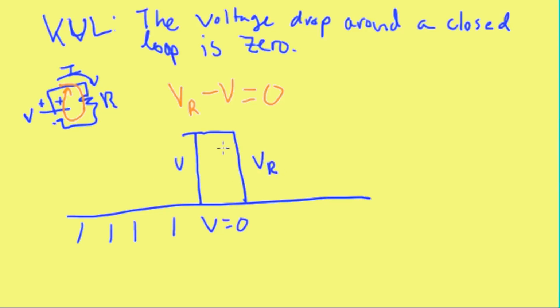So this is now V sub R, and this is what our loop would look like. We're starting up here, going down in voltage, and then once we get to the voltage source, we come back up. So our net change in height is 0, so that's exactly what we wanted.